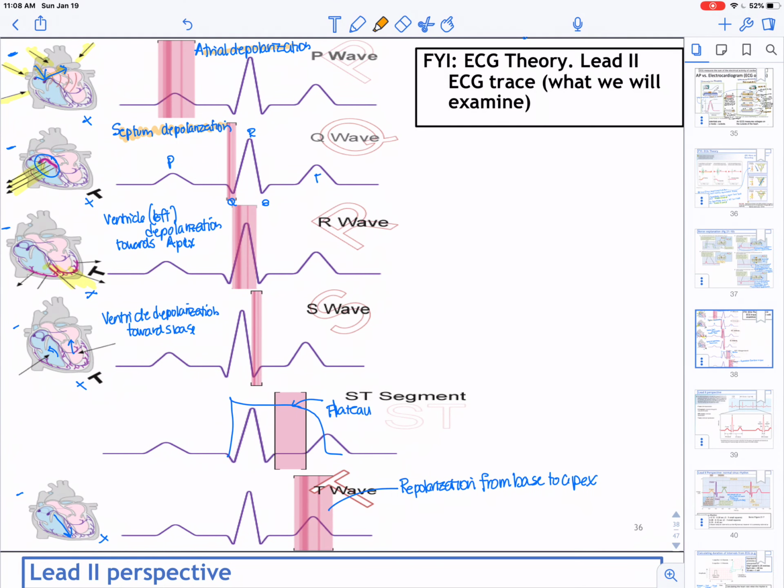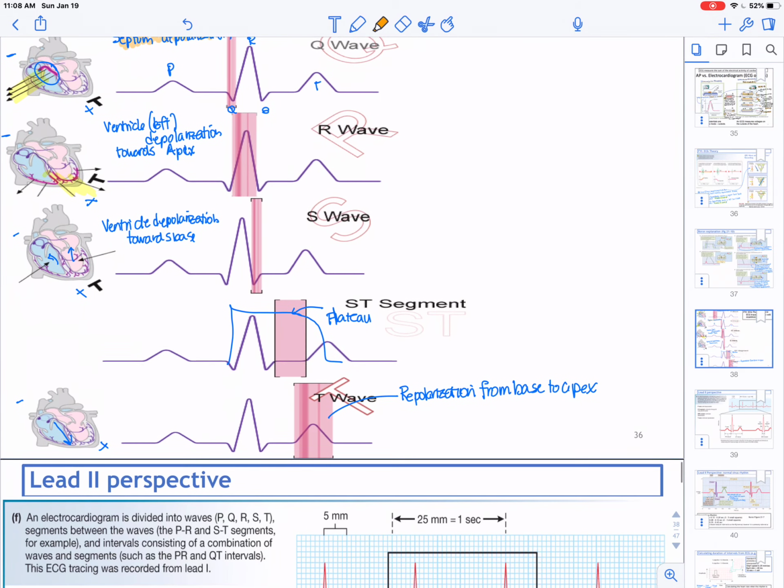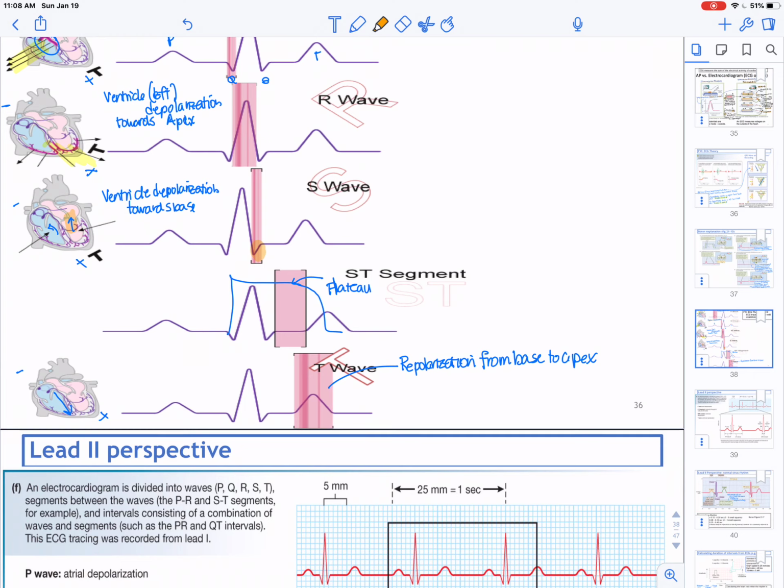And then left ventricle depolarization is that major R wave, and we've talked about why it looks that way. And then the S wave, again, the major vector is going towards the base, and that's why it's a downward deflection away from the lead 2 electrode that we're looking at. And we are now in this isopotential ST segment, and that's when there's no change.